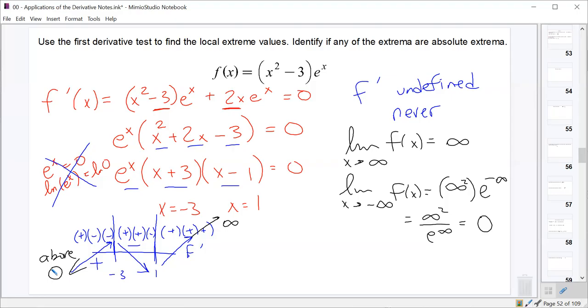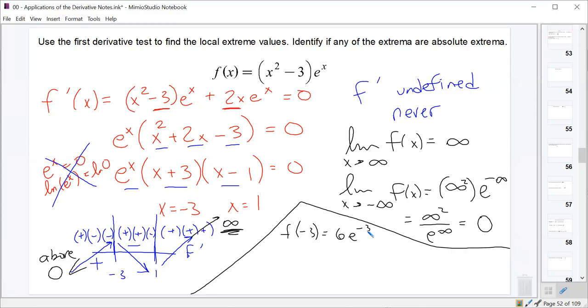We know we're not going to have any absolute maxima because on the right it goes to infinity. So when we plug in -3 and we plug in 1, and let's do that here, f of -3, -3 squared is 9, minus 3 is 6. And we have 6e to the -3.